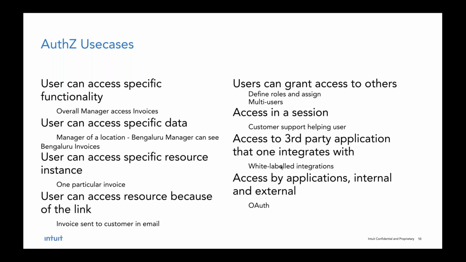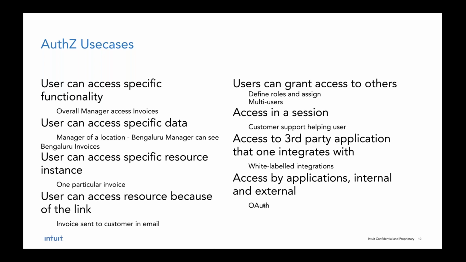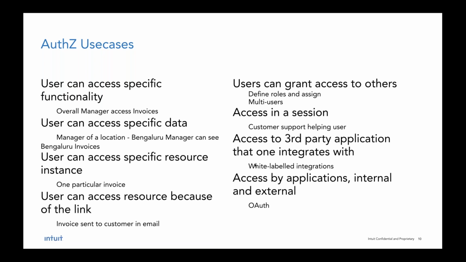There is also access to functionality based on well-established protocols like OAuth, which allow external applications and non-browser based internal applications to access functionality. So these are all the cases that authorization has to solve for as your application evolves.